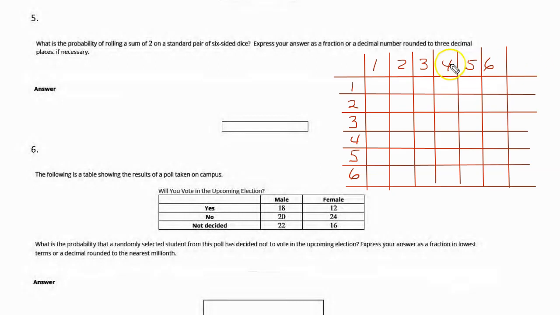Now, within this chart, and this is one die, and this is another die, we're going to roll them, and what would be the sum of the dice? Well, 1 plus 1 is 2, and then 2 plus 1 is 3, and so on.